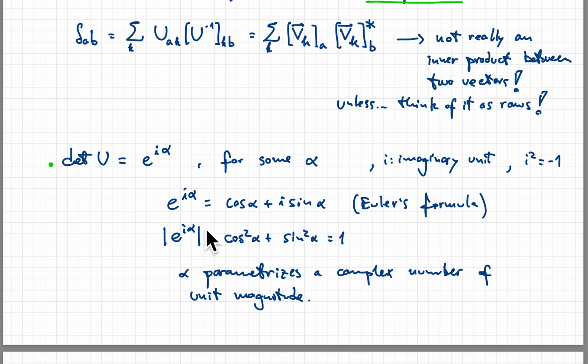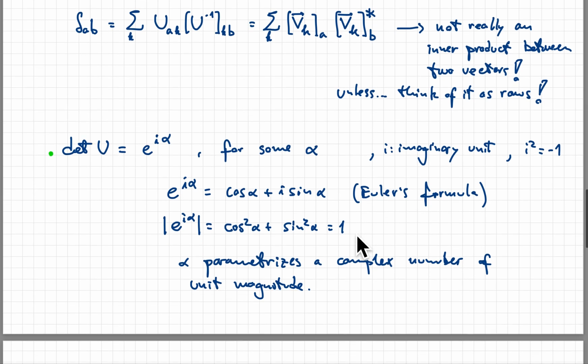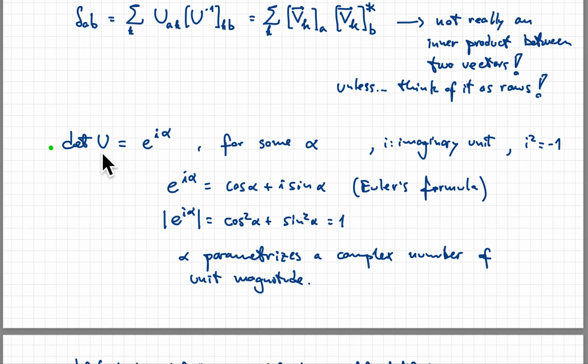Here I compute the magnitude squared, e to the I alpha squared is cosine squared plus sine squared of alpha by using Euler's formula shown here, which we'll come back to in a future video on complex numbers, and that is just 1 by the Pythagorean theorem. And so we know that this is a good parameterization of a number of unit magnitude.